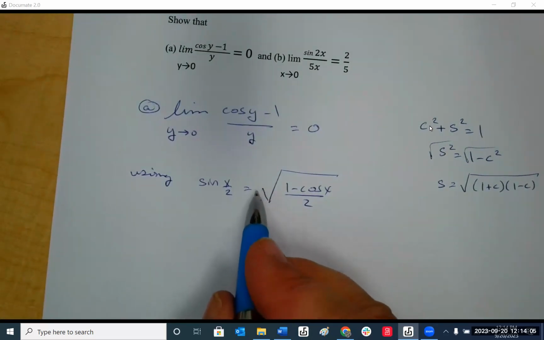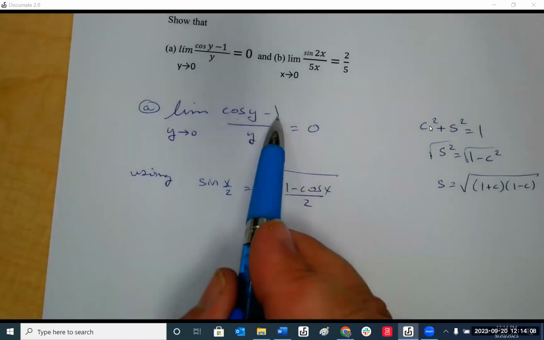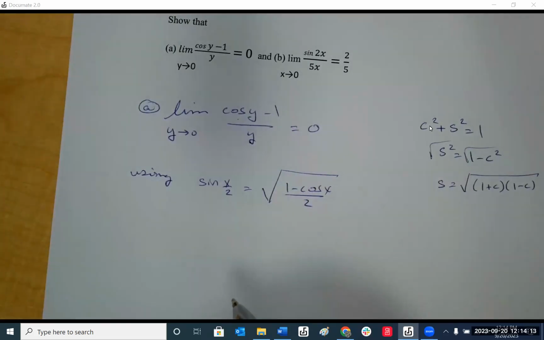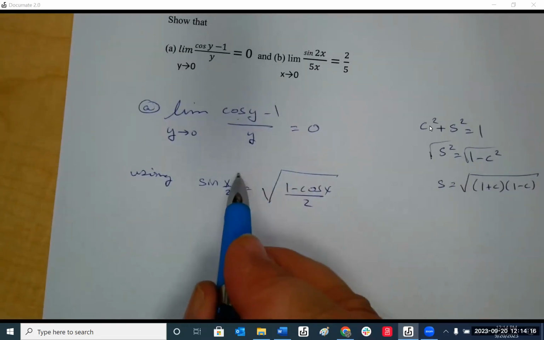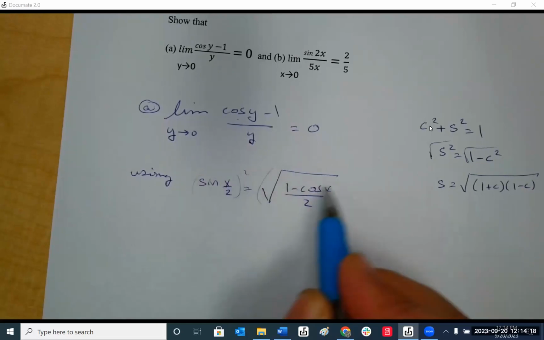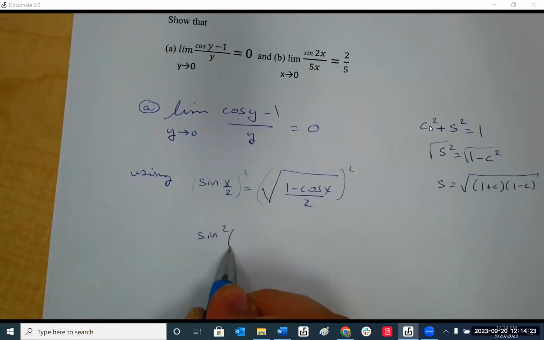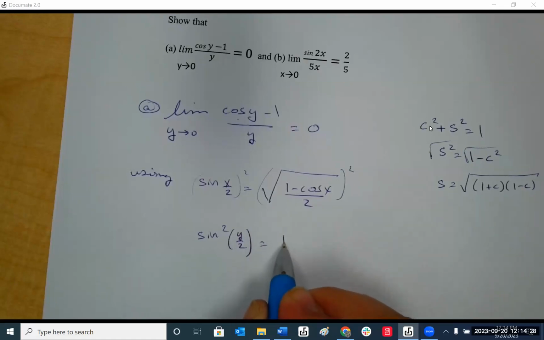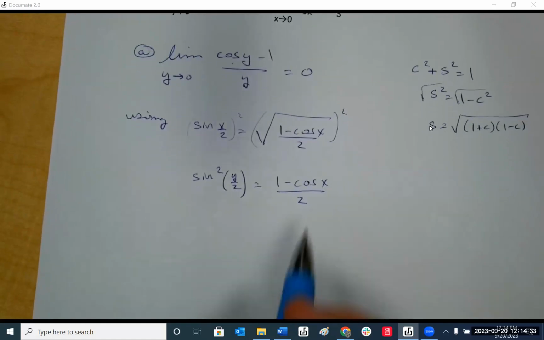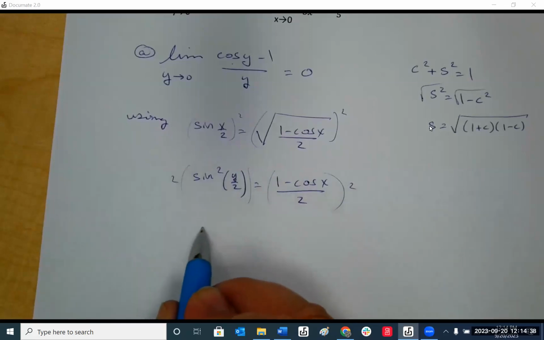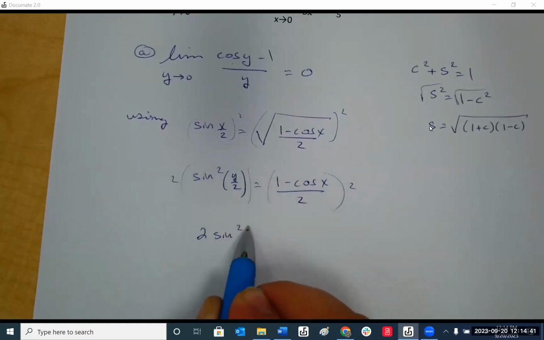Now, the reason this is positive or negative, because notice ours is cosine minus 1. First off, we'd have to square both sides. So we have sine squared y over 2 equals 1 minus cosine y over 2. Multiply both sides by 2. Why do we use y over 2?